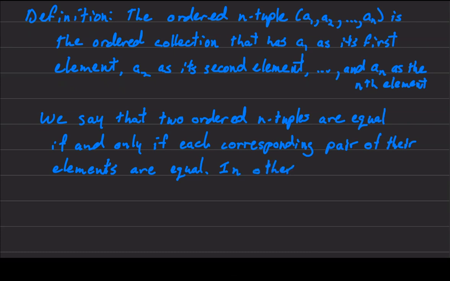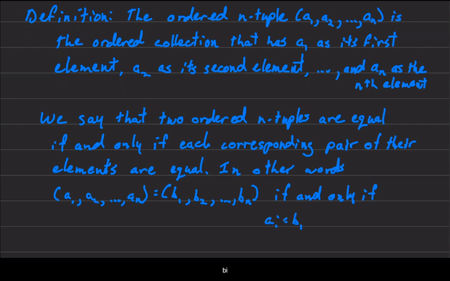So, in other words, A1, A2, dot, dot, dot, An is equal to B1, B2, dot, dot, dot, Bn if and only if Ai is equal to Bi for i being equal to 1, 2, dot, dot, dot, going up to n.